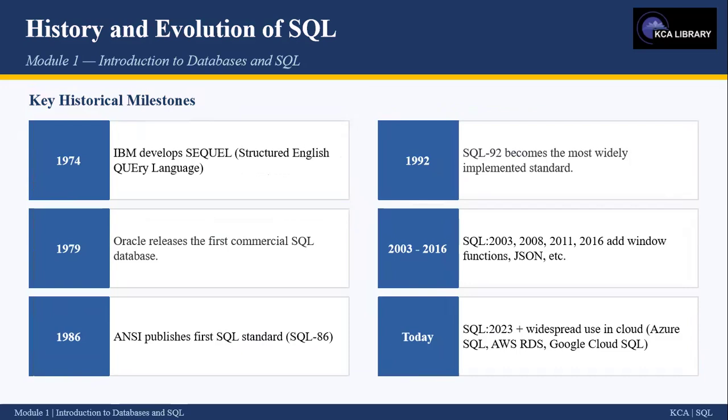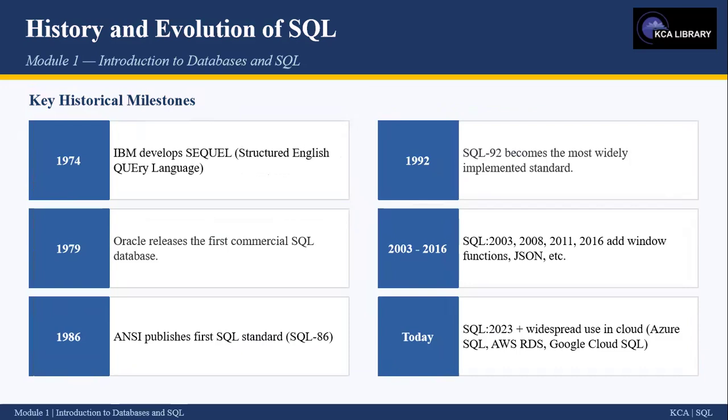Now, let's look at how SQL came to be. The journey started in 1974 when IBM developed SEQUEL, Structured English Query Language. In 1979, Oracle released the first commercial SQL database. By 1986, ANSI published the first official SQL standard.